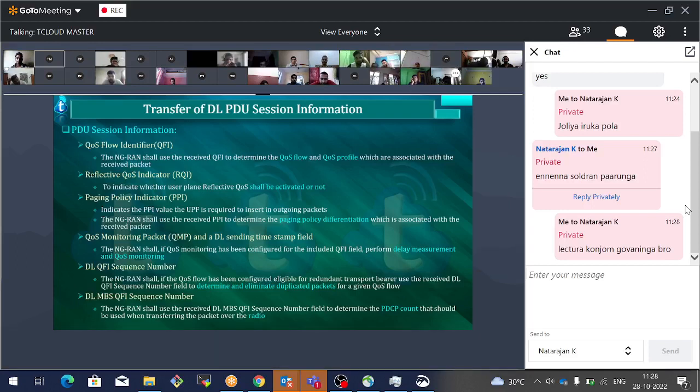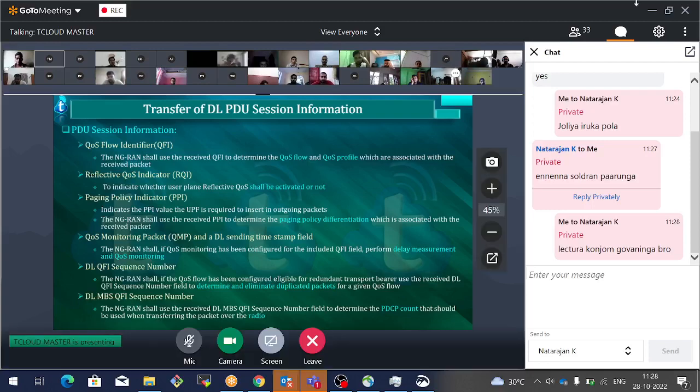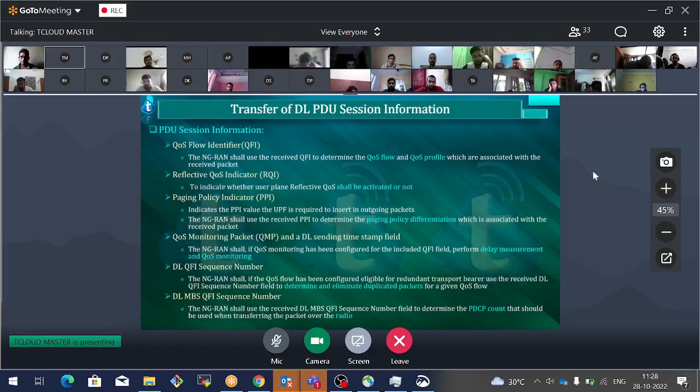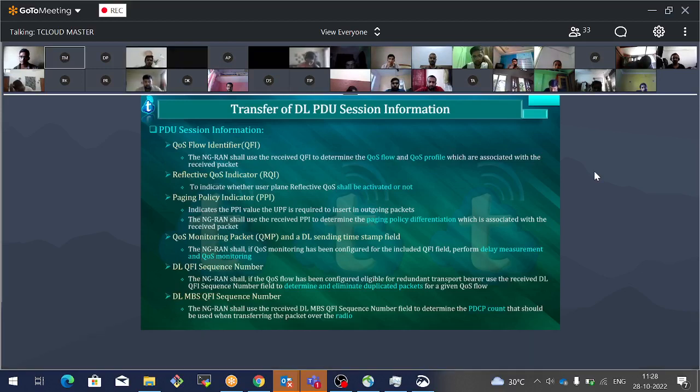Okay, at 005 milliseconds it was sent, and I have received it at 42 milliseconds. So it will do the deduction, 42 minus 5. So it took 37 milliseconds for traveling in the downlink direction. So you can estimate whether the quality of service property is being achieved or not. For that purpose, we use this QoS monitoring. Of course, this would be there for both downlink as well as uplink. Uplink, I'll tell you later. First, this part is downlink.